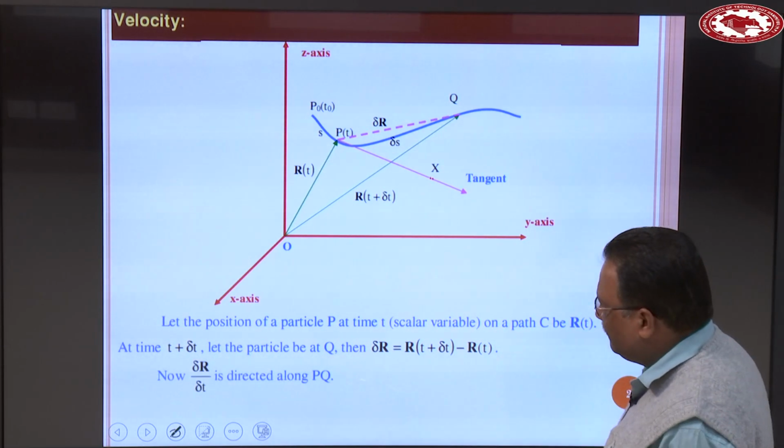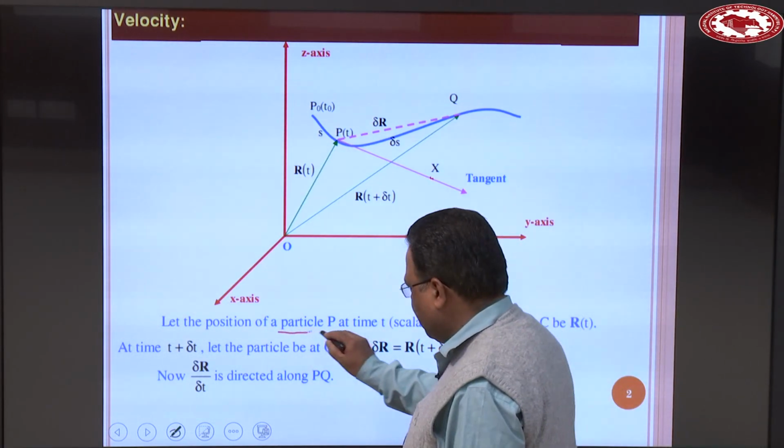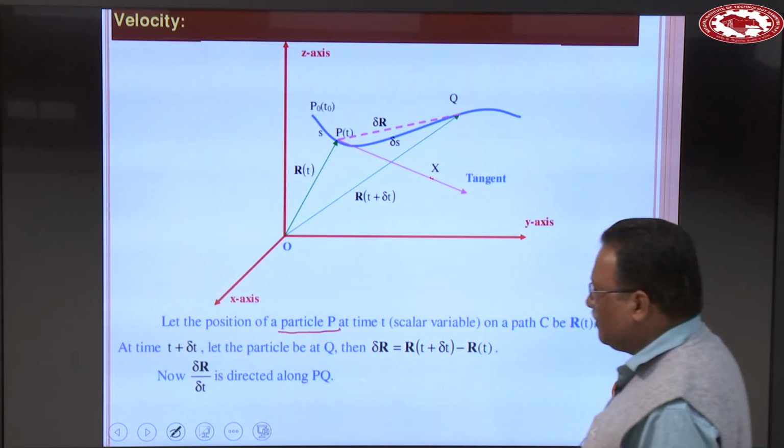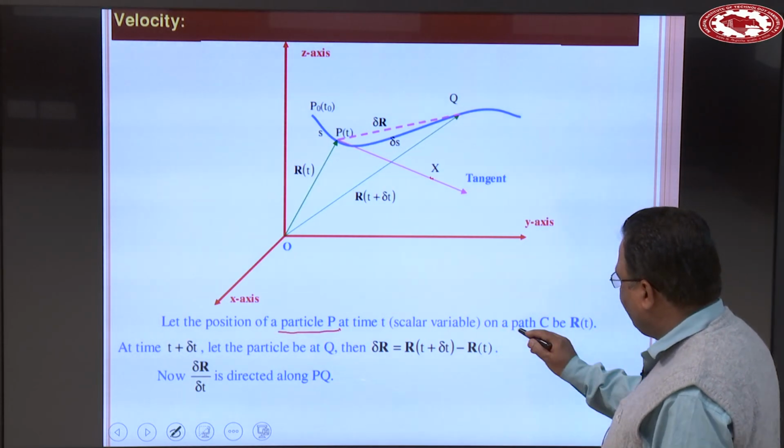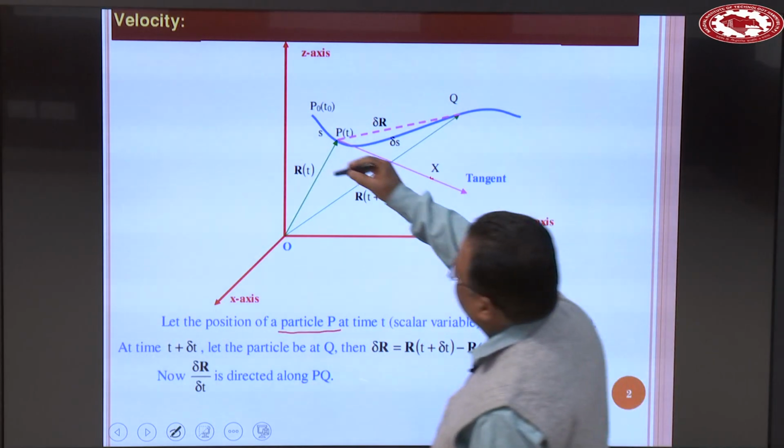Let the position vector of a particle P at time t, where t is a scalar variable, on a path C be r(t).